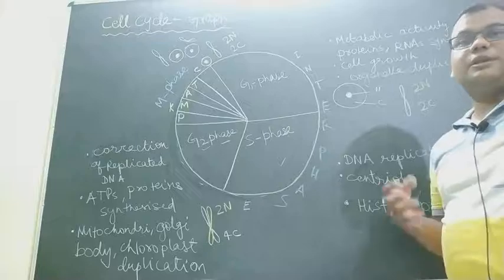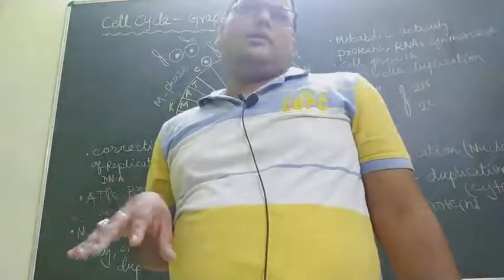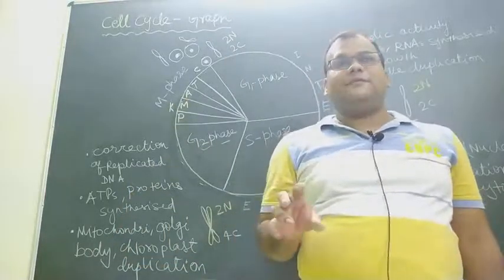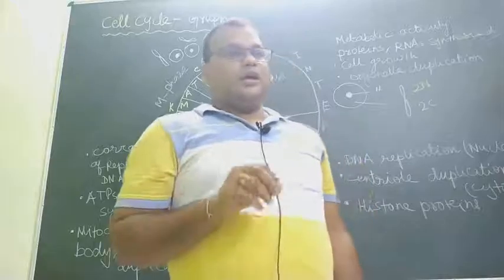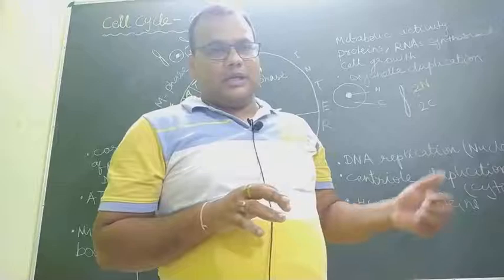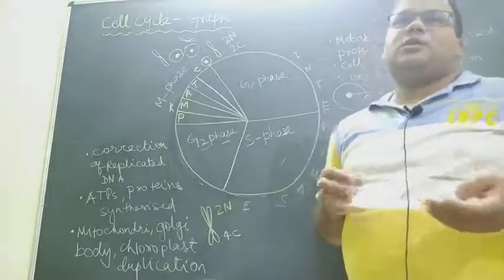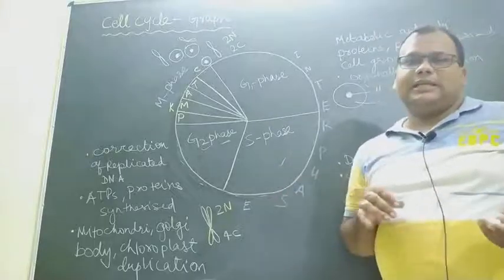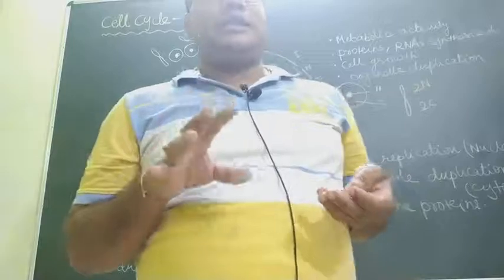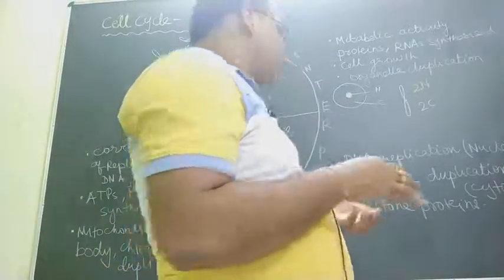In plants also there are permanent tissues, xylem, phloem. These tissues do not divide, but it is not that they are not metabolically active, functionally active, but certain cells do not show division after their maturity, and we can say that these cells come out of the cell cycle or do not follow the cell cycle, and they remain in quiescent state in terms of division, and it is called G0 phase.